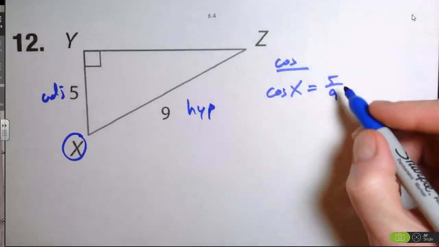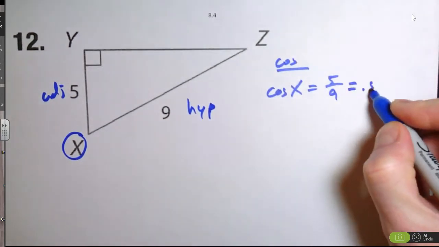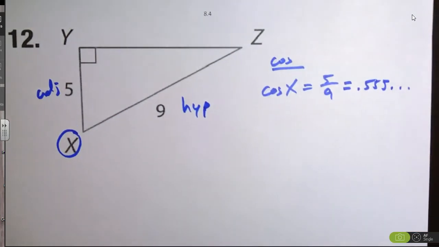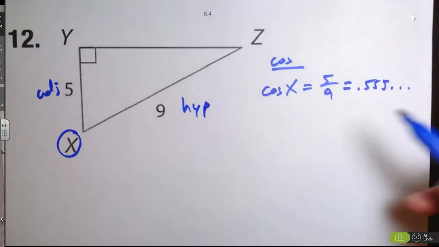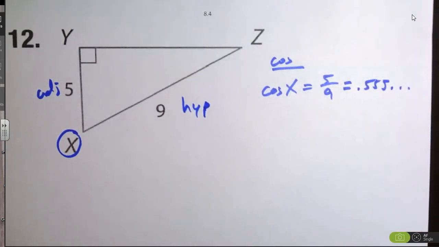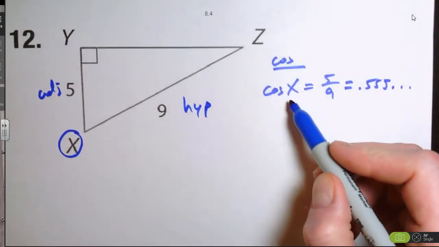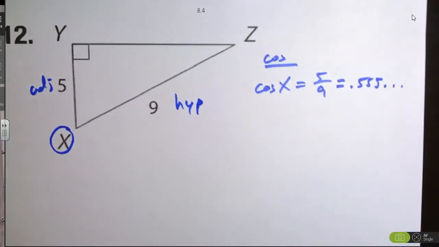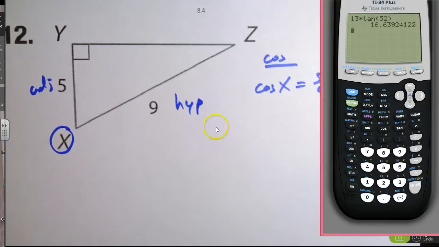Now, as a decimal, that's 0.555555, repeating forever and ever. So what we're looking for is what angle, if I took the cosine of it, would give me 0.5555. Well, to do that, you use the second cosine, the inverse cosine. Second cosine undoes cosine. You give it the ratio and it gives you back the angle.